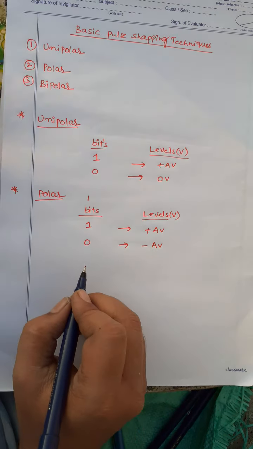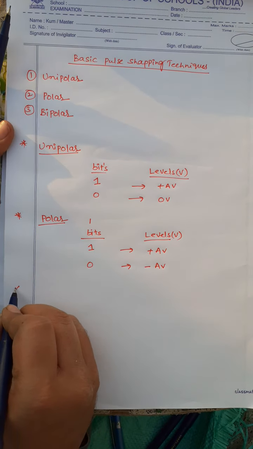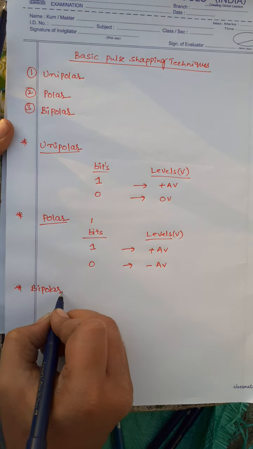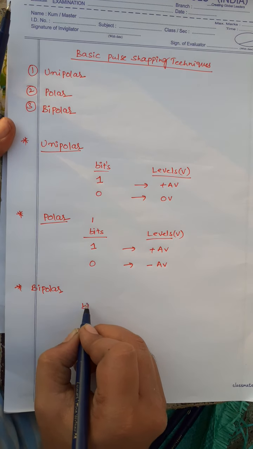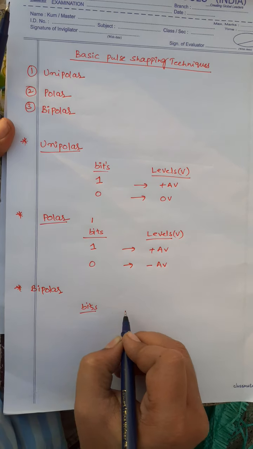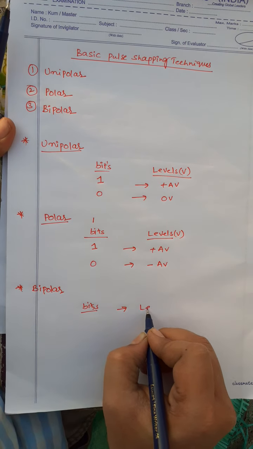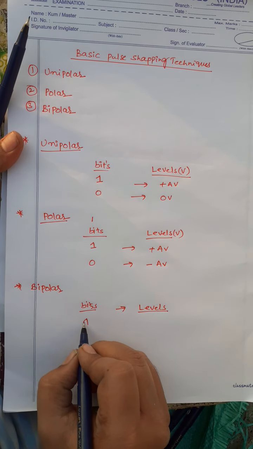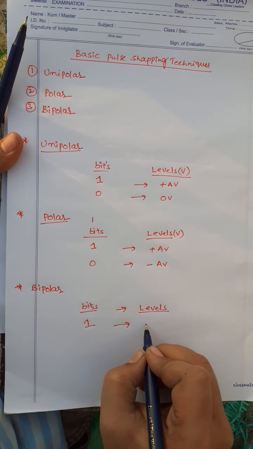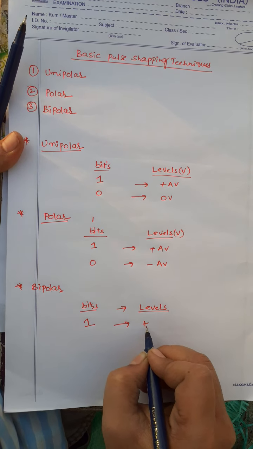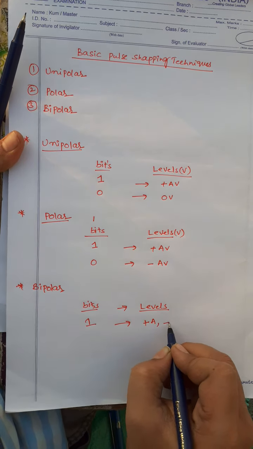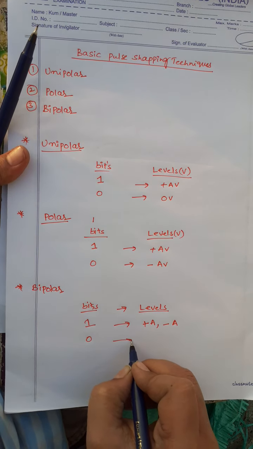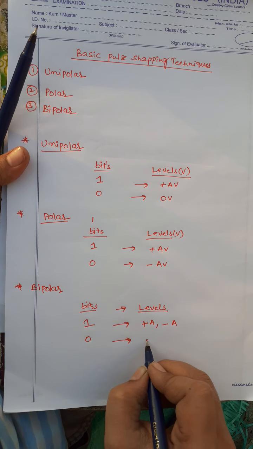Similarly, in bipolar format, the third one, here also bits and levels. In bipolar, bit 1 will be represented by either plus A or minus A, and bit 0 will be represented by level 0.